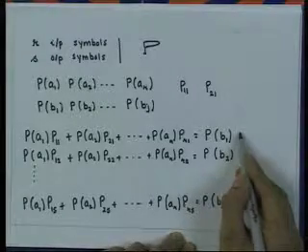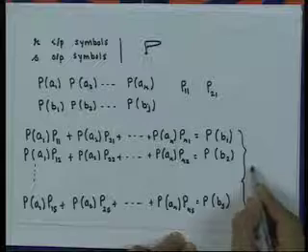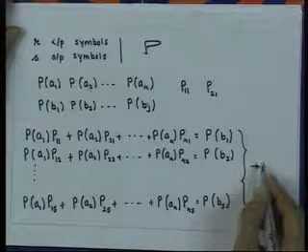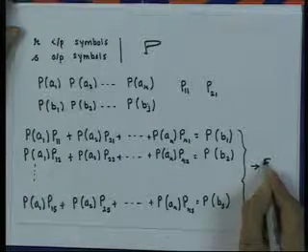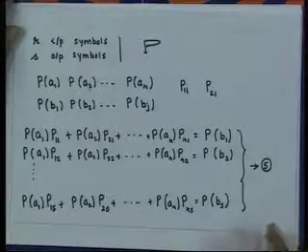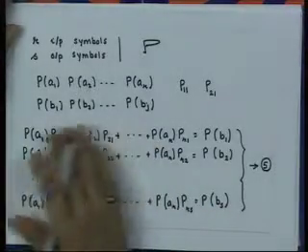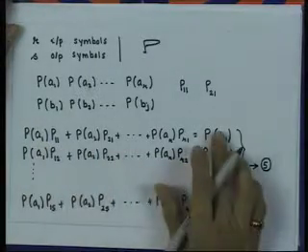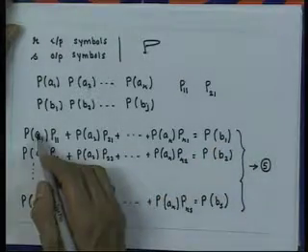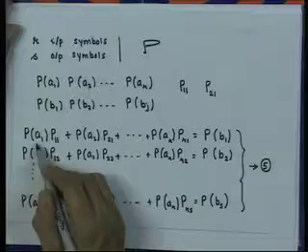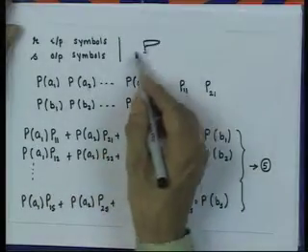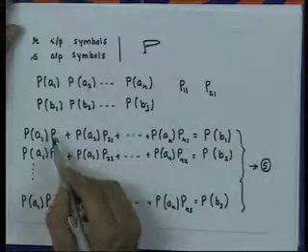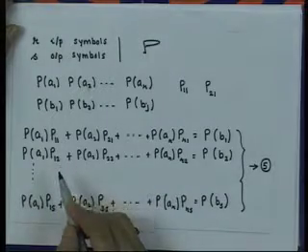This set of relationships, let us call equation number 5. So, these equations provide us with the expression for the probabilities of the various output symbols if we are given the input probabilities P(Ai) and the channel matrix capital P, that is the matrix of conditional probabilities, probabilities of Bj given Ai.